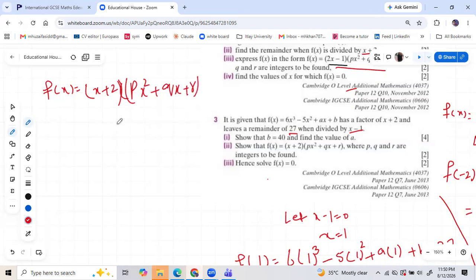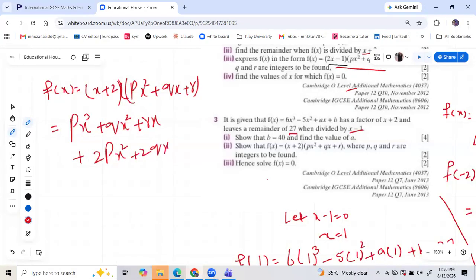So here we are multiplying again. This gives px cubed plus qx squared plus rx, then multiplying with 2: plus 2px squared plus 2qx plus 2r.